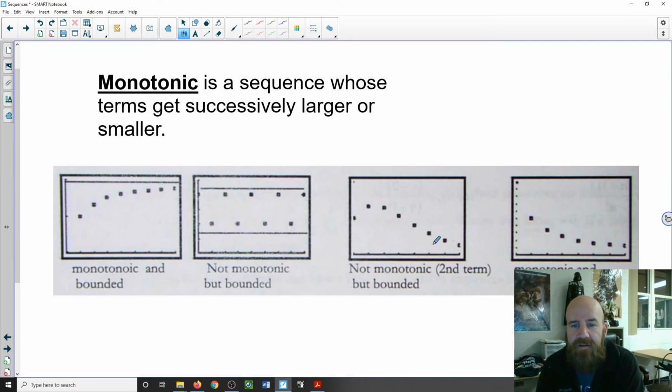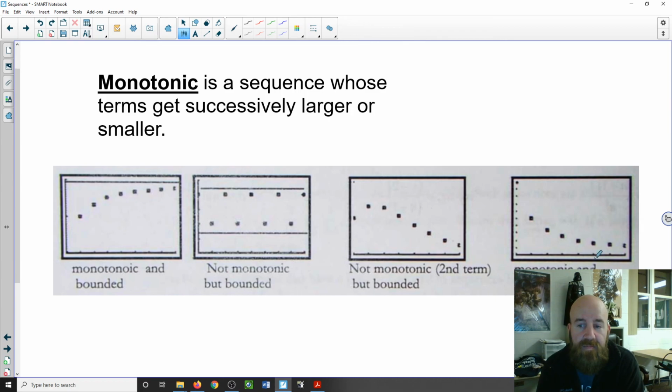In this second picture here, we're not bounded because this is going to continuously go down unless there's an asymptote down here. In this particular picture, we're going to get into the negative numbers, and we're going to keep getting more and more negative. So this is not bounded. Same thing here.